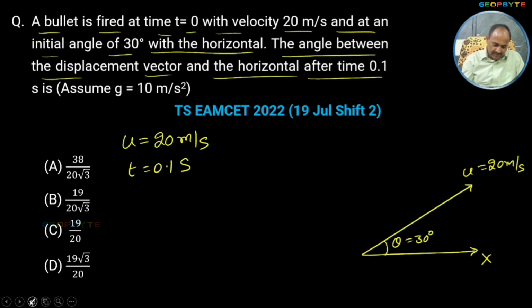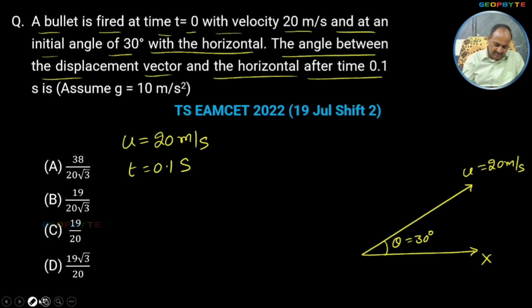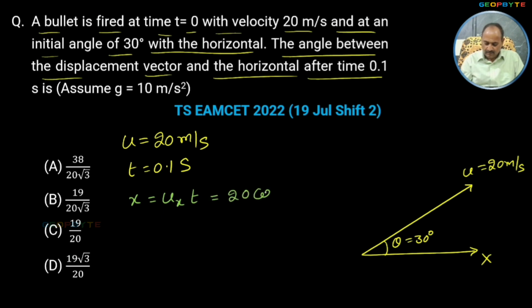So for the angle between the displacement vector and horizontal, you need to decide the horizontal component of velocity ux. Let us decide the horizontal displacement. Horizontal displacement x equal to velocity along x direction multiplied by t. Velocity along x direction is 20 cos 30 multiplied by 0.1.